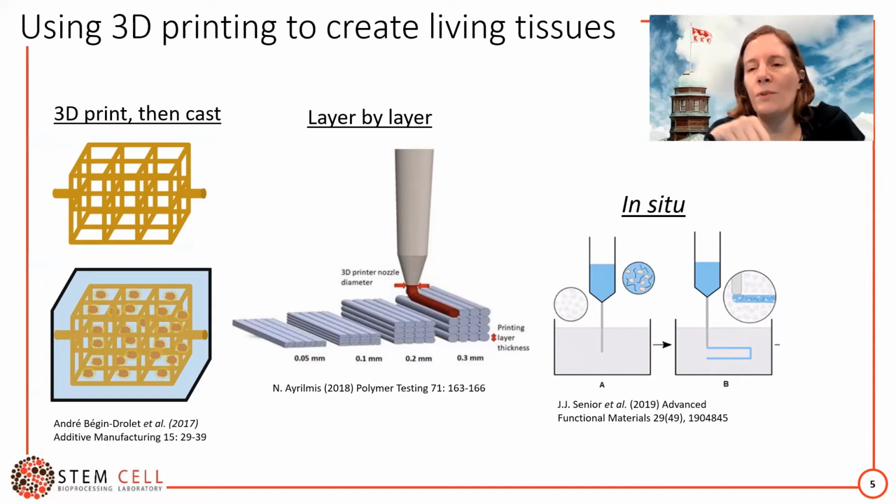This could be, for example, by embedded writing, where you extrude or deposit material into a bath. Or another example of in situ fabrication would be if you use light to polymerize material locally within that bath. So those are some examples.